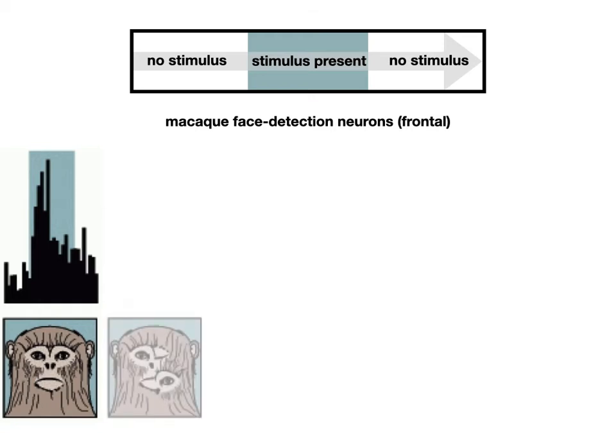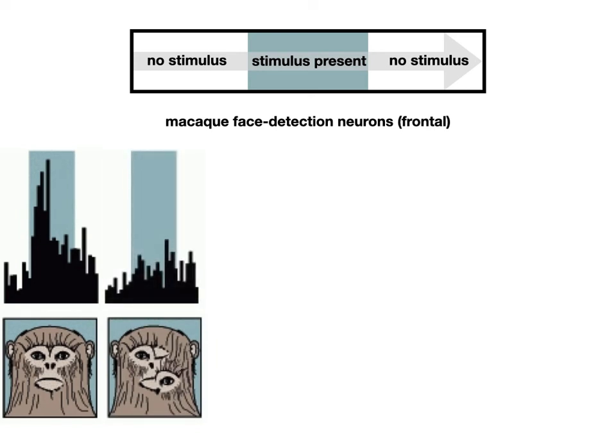If we scramble it, neuron unhappy, neuron inhibited. The wrong combination of features is present. Even though they're all still there, the eyes are there, but they're in the wrong places, right? Part of the mouth has moved, the nostril has moved, we have broken the pattern, right?